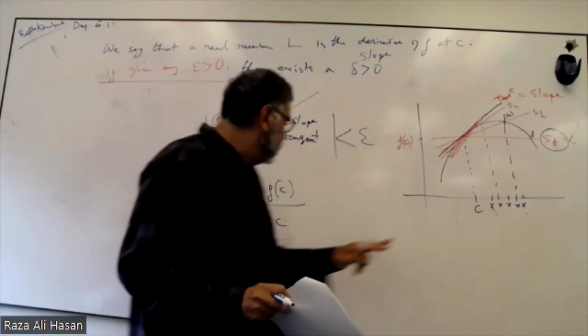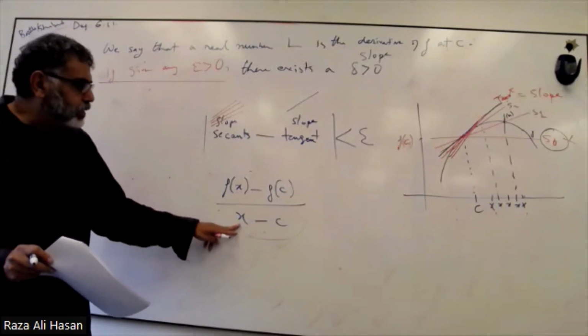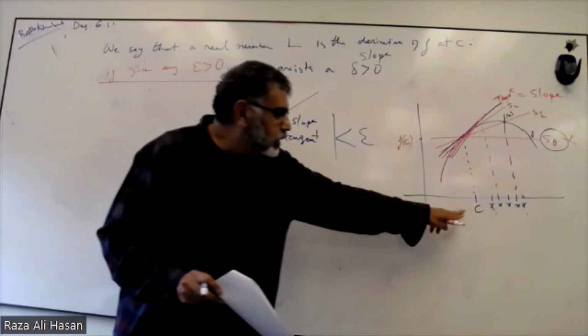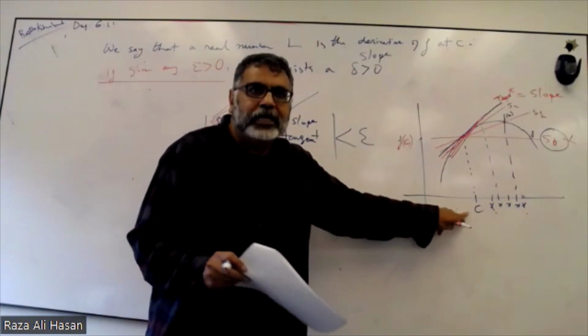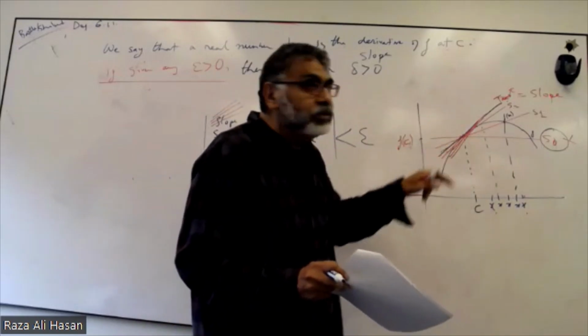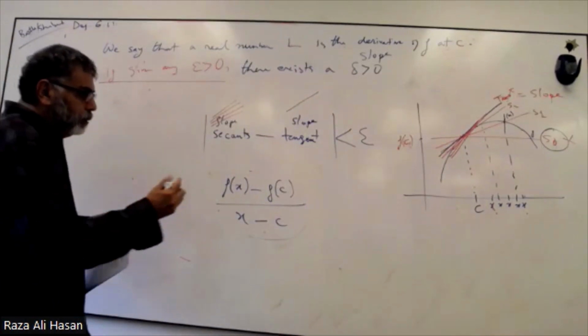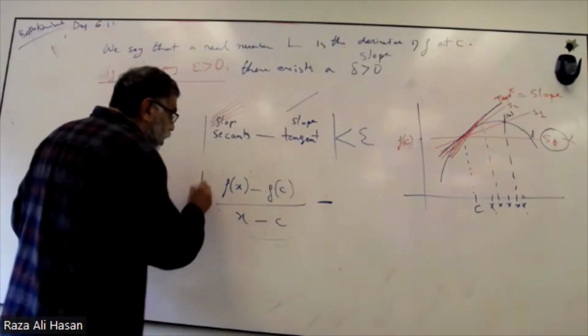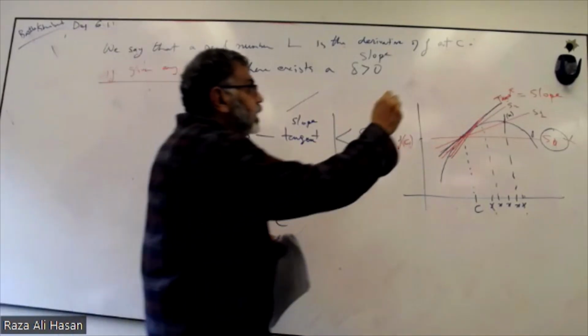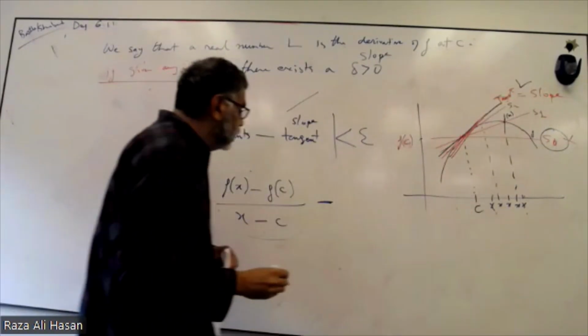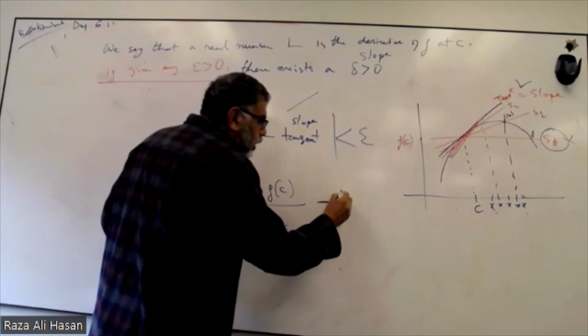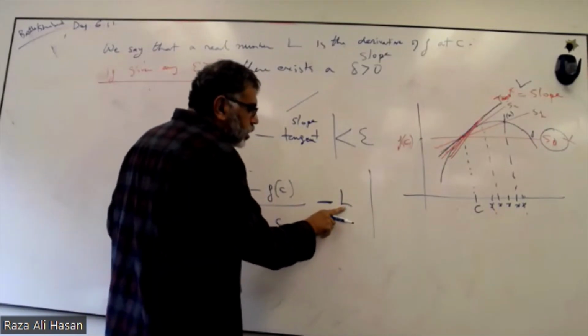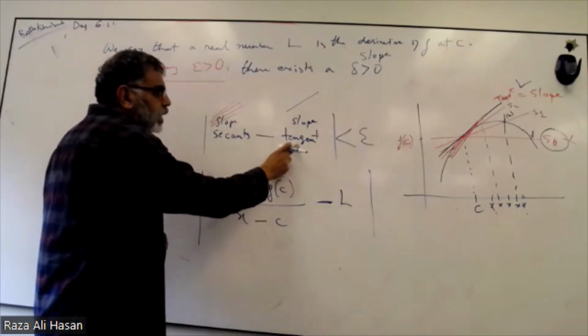All the x's, all the nearby x's minus the center point, the point that we're concerned about, the point at which we want to find the derivative, minus, what are we calling our, we were calling that L, right? So I can stick in our L here. That is the number, the slope of the tangent line.